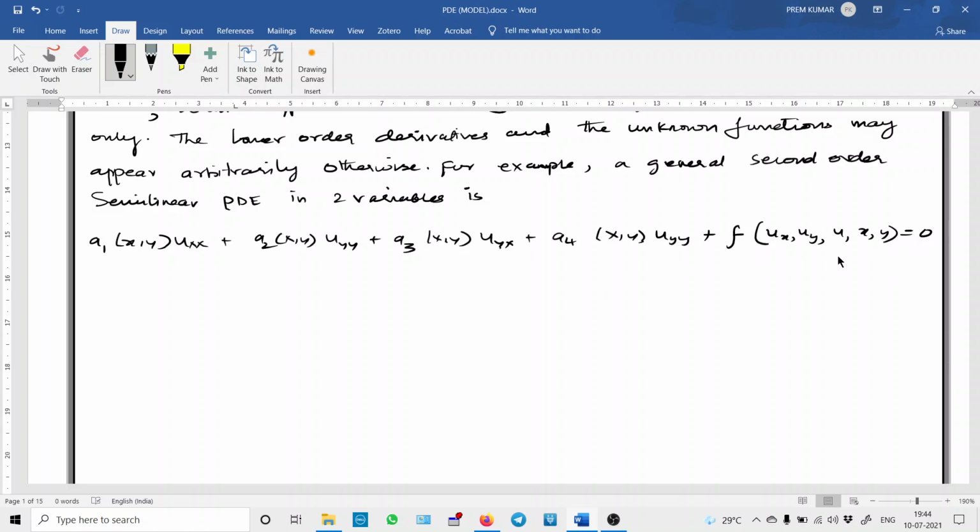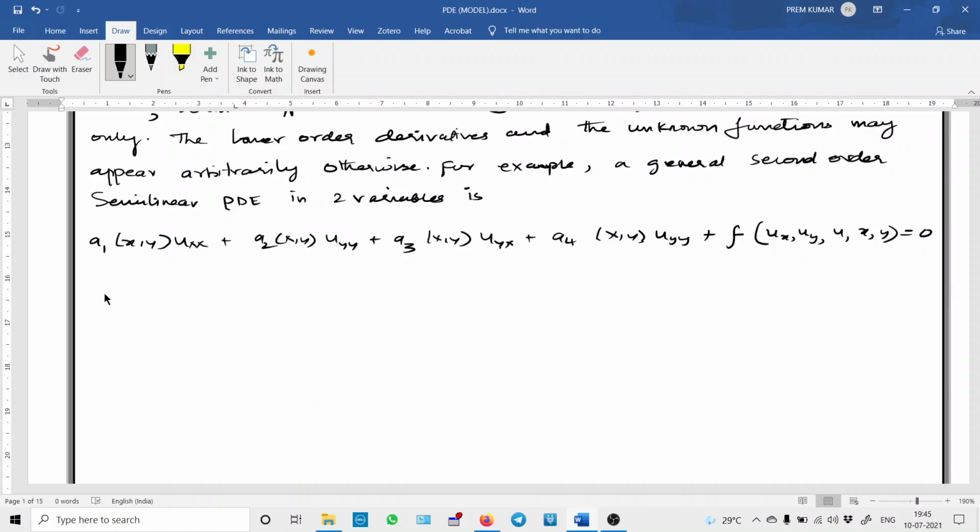This may be a non-linear term. So it is guaranteed that the higher order derivatives of the unknown function are linear, and this term may contain non-linear terms of the unknown function and its derivatives. In that case, we say this differential equation is called a semi-linear PDE.